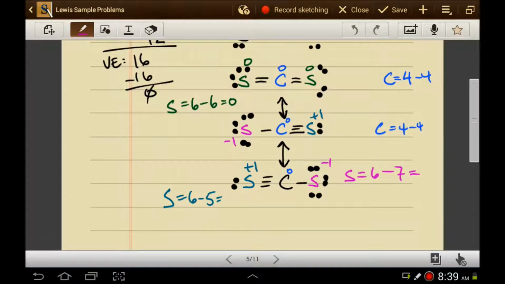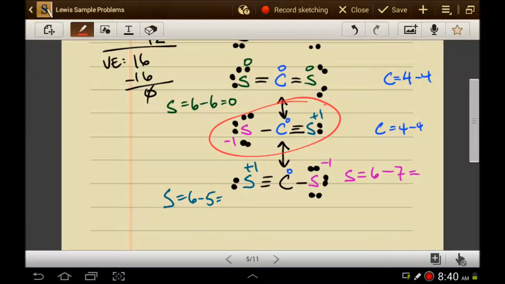Here, I can rank the resonance structures based on which resonance structure is the most stable. This top one has 3 zeros. All of them are 0 formal charges. I would expect that particular structure to be very stable.